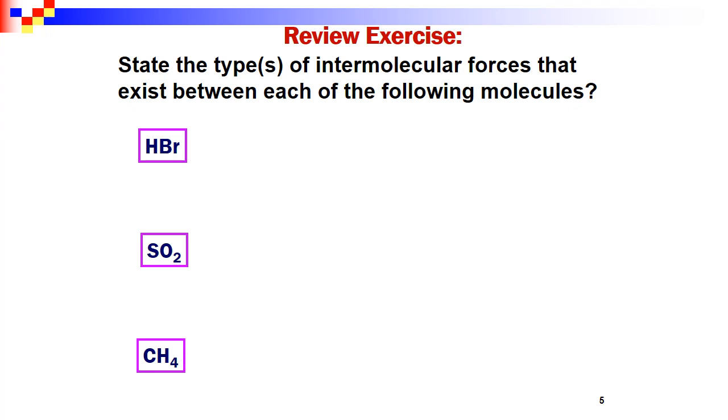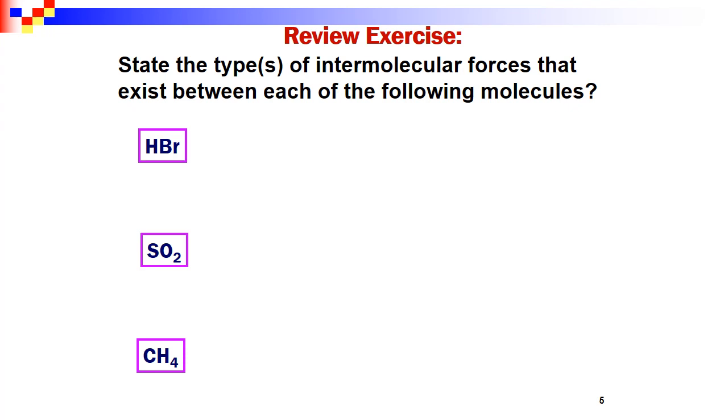Well, this slide is a quick exercise just to test whether you have understood what has been delivered so far in the lesson. State the type or types of intermolecular forces that exist between each of the following molecules.